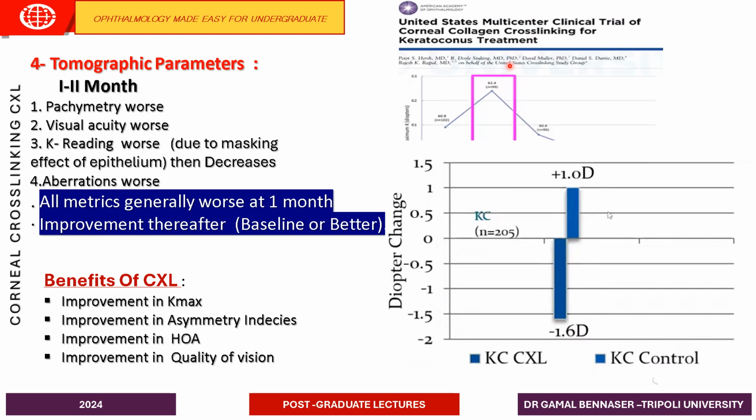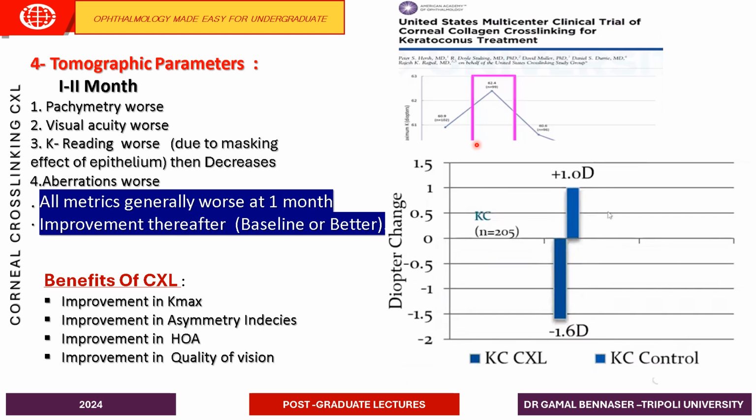As far as the pachymetry, the visual acuity, the K reading, and also the aberrations profile, all of this will be worse, and this should be explained to the patients before you start the procedure. This is expected and can be explained by the unmasking effect of the epithelium after you remove the epithelium and do your cross-linking technique.